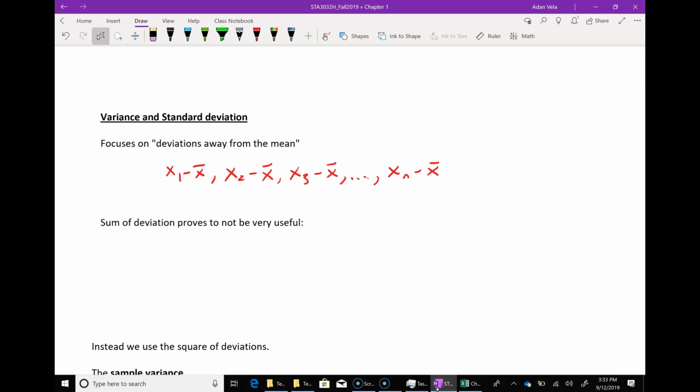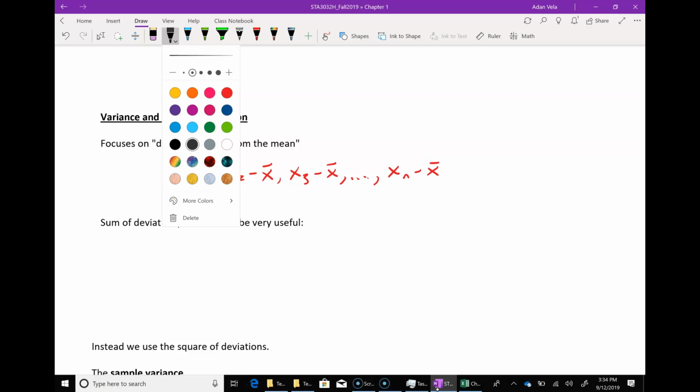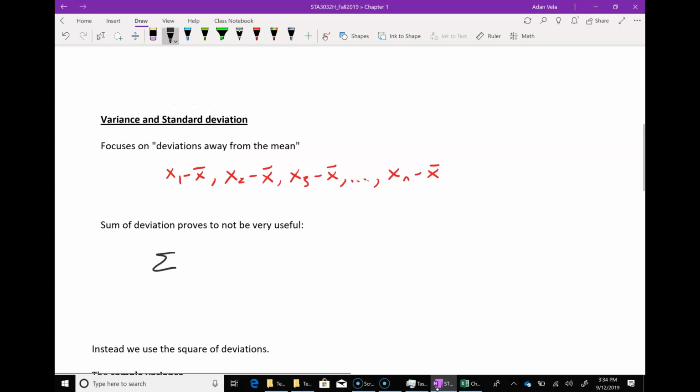Now, the problem is that doesn't work out. Let's say I want to sum from i equals 1 to n of xi minus x bar. I'm going to add up all these deviations: this, plus this, plus this, plus everything in between. That sounds good and fine.